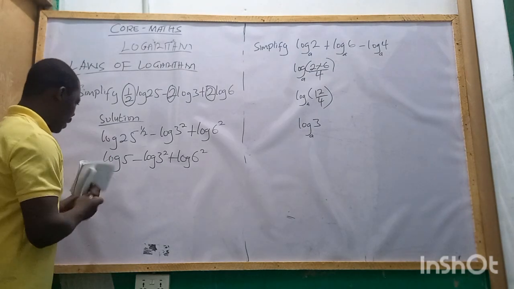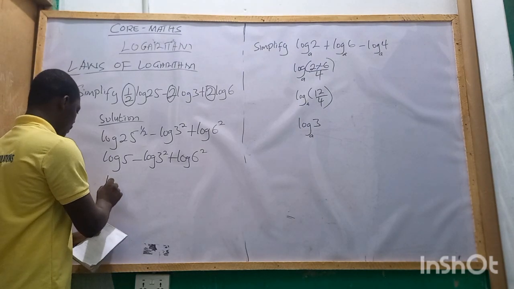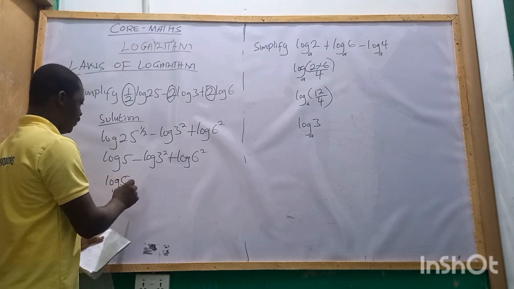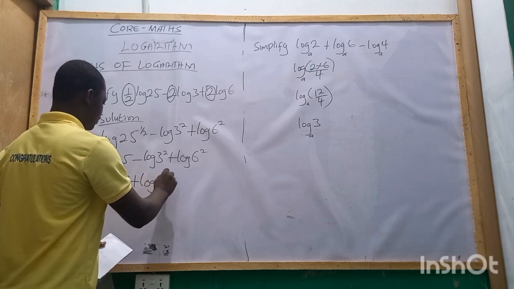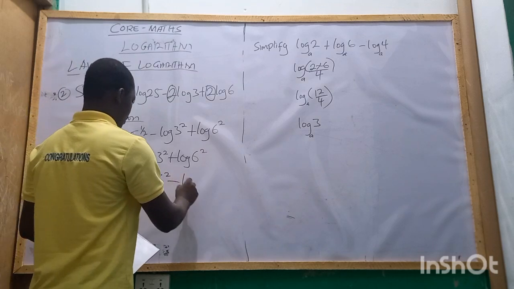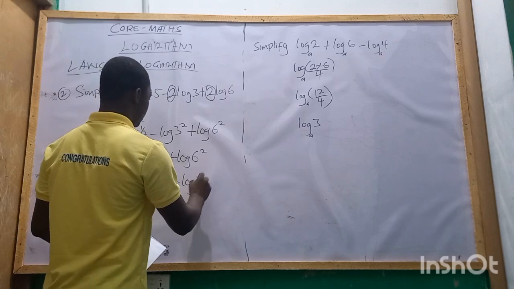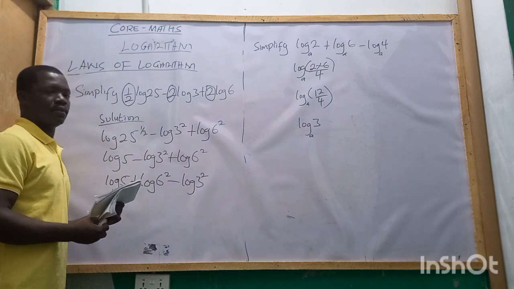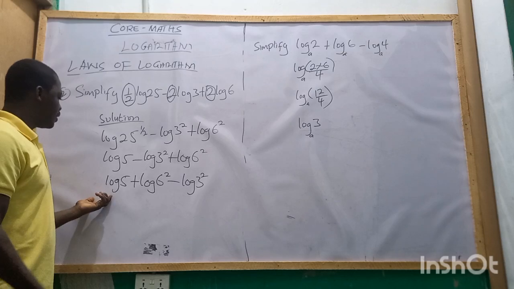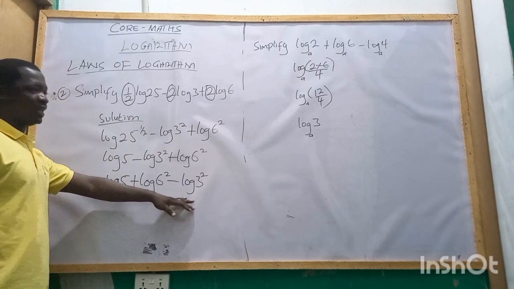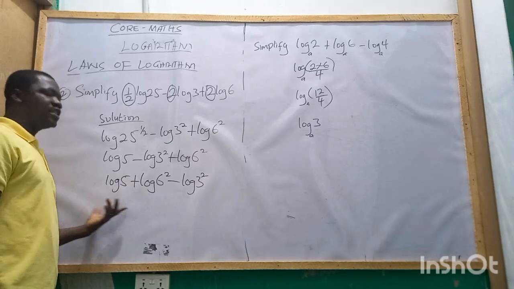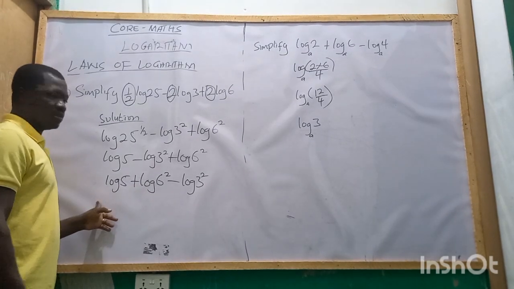So it will be what? Log 5 plus log 6 square minus log 3 square. This is what I mean, right? You arrange the positives first, or you write the positive first before you write the negative, because the positive, there's a relation between the positives, right?